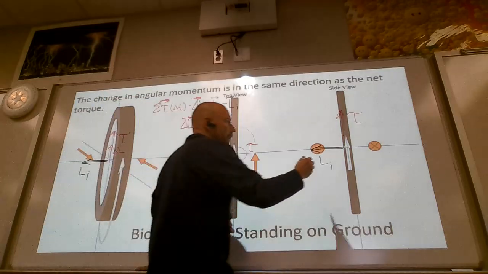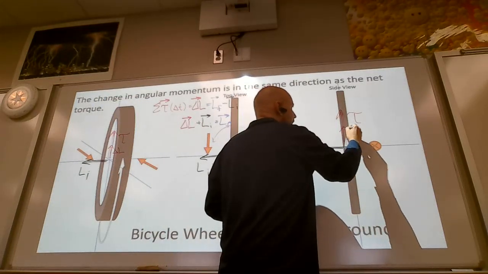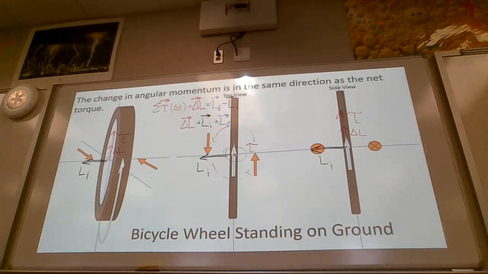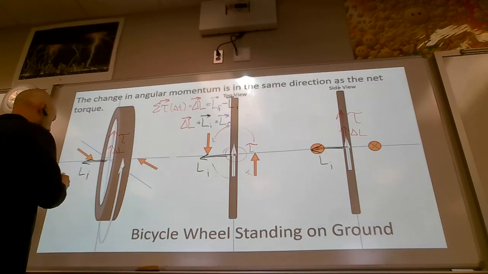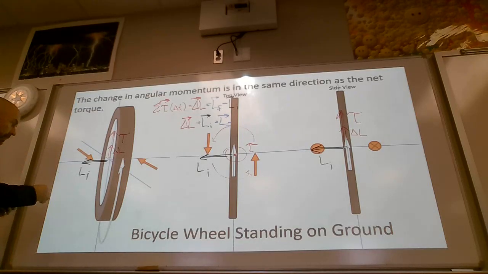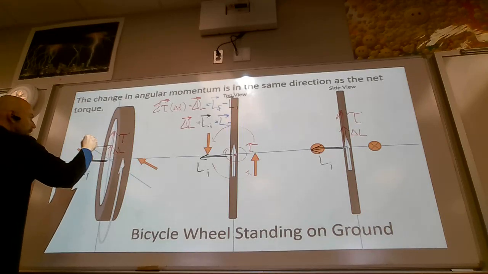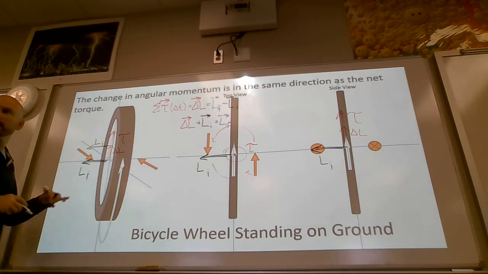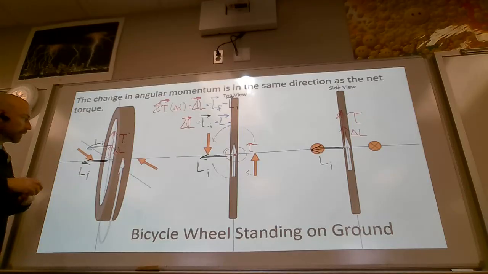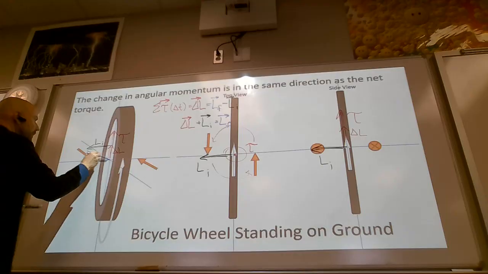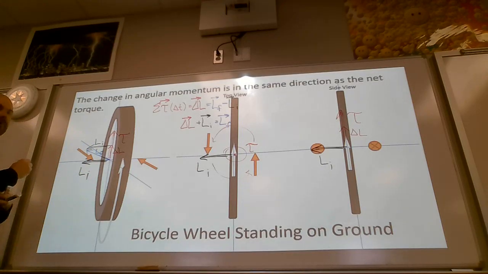It's hard to draw there. Okay with that? So when we find the resultant of these two, we do head to tail. See what I'm doing there? Head to tail. The final angular momentum is that way.